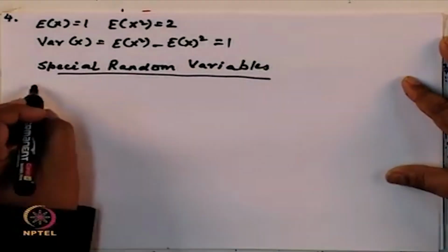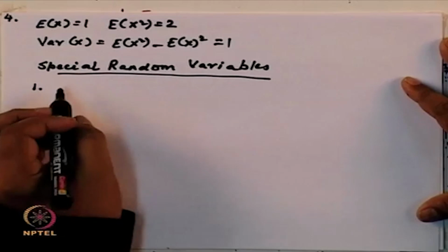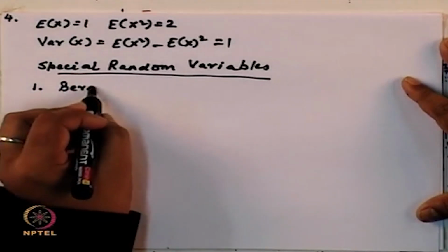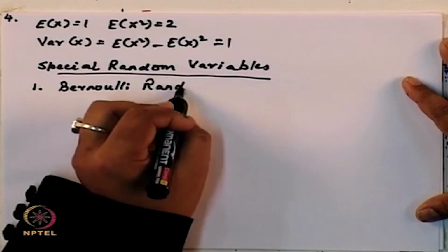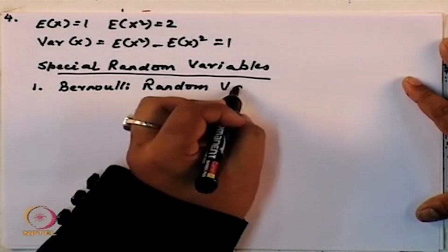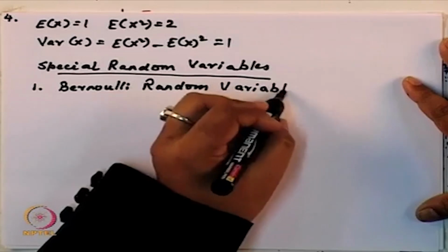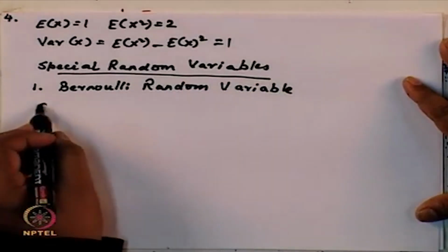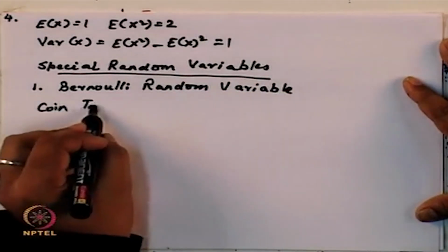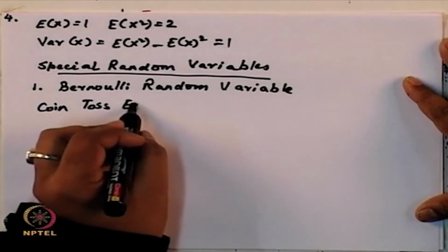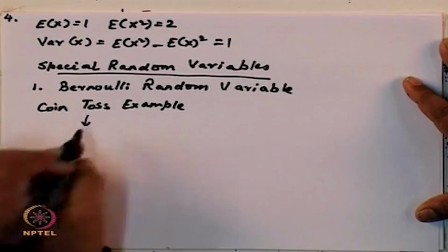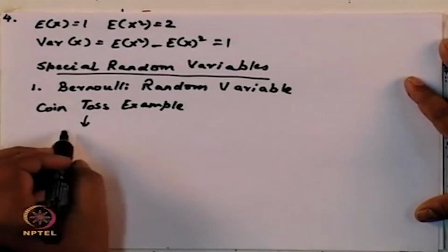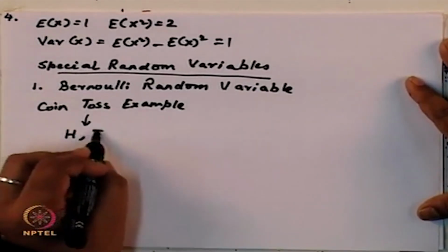Okay. So, today we begin by discussing the Bernoulli distribution. Let us take a coin toss example. Here, your outcomes are either head or tail.